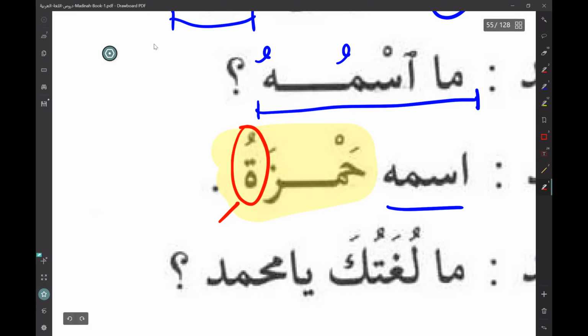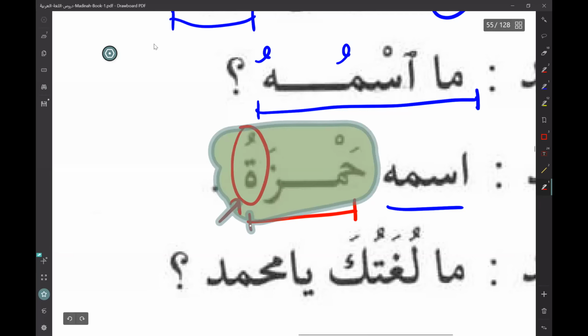So we have a tamarbuta here. Do you think this word is female? No, exactly. Hamza is the name of a male person, right? So here you see your exception. You have a tamarbuta, but this is not a female word. Hamza is masculine because it is the name of a male person.